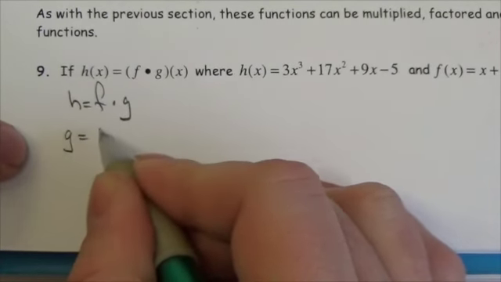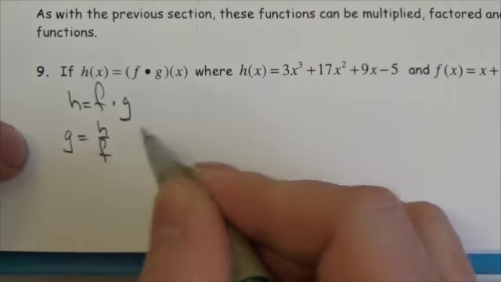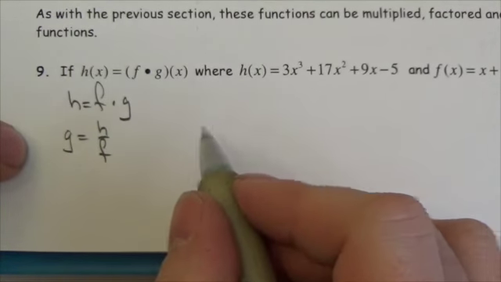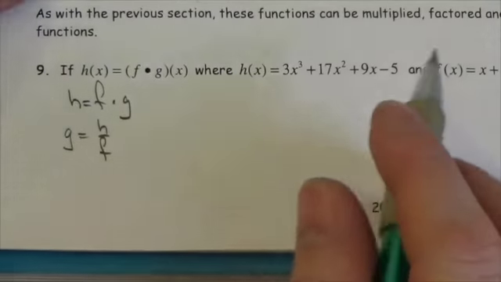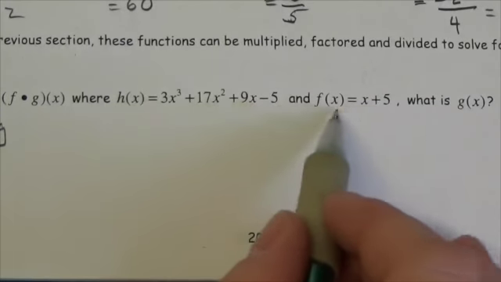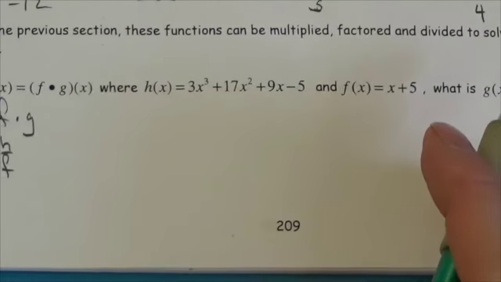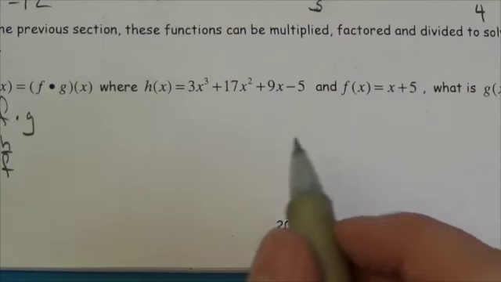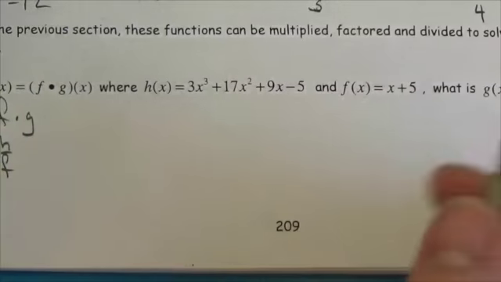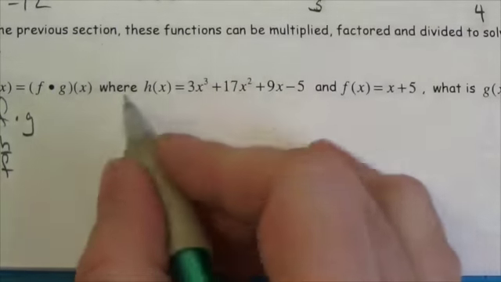Well, I can divide both sides by f, so g is going to equal h over f. So I have to divide this expression for h by this expression for f. Now, because I'm dividing by x plus 5, I can use synthetic division here. And I'm going to, because it's kind of a cheap, easy way out of this problem.